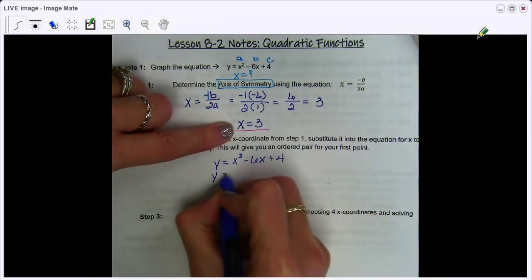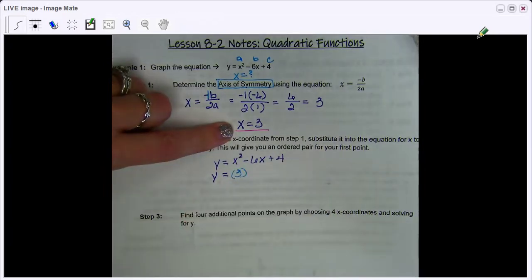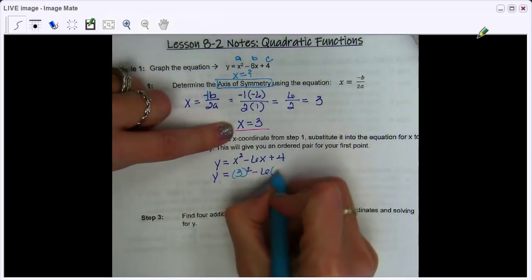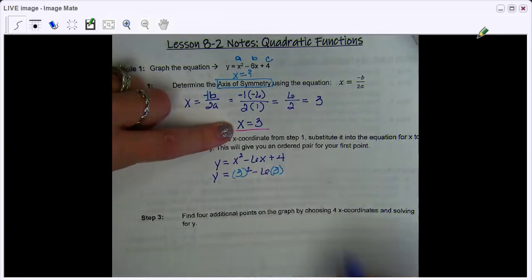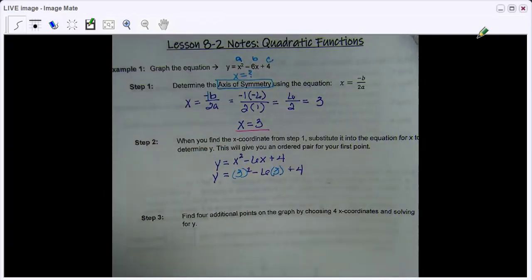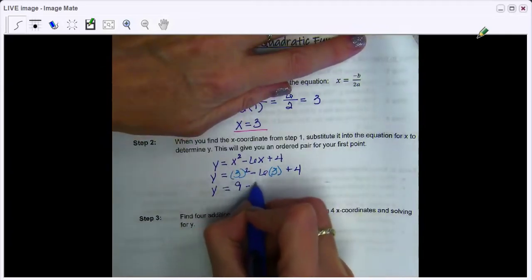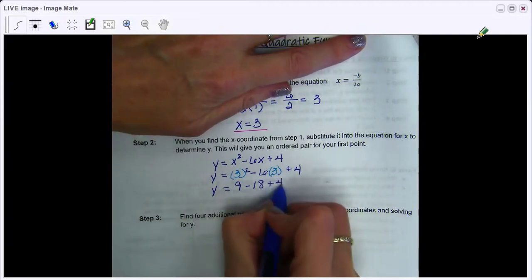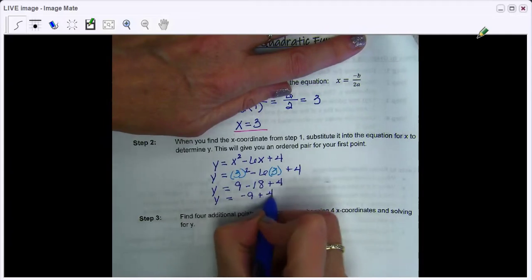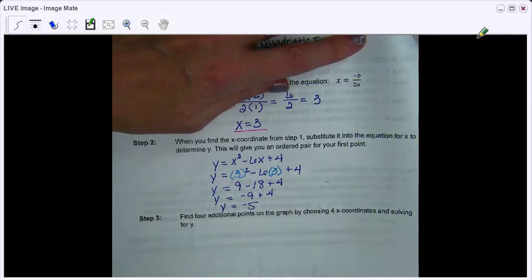So y equals 3 squared minus 6 times 3 plus 4. And that will give me my y. So y equals 9 minus 18 plus 4. Y equals negative 9 plus 4. Y equals negative 5. So this is step 2.